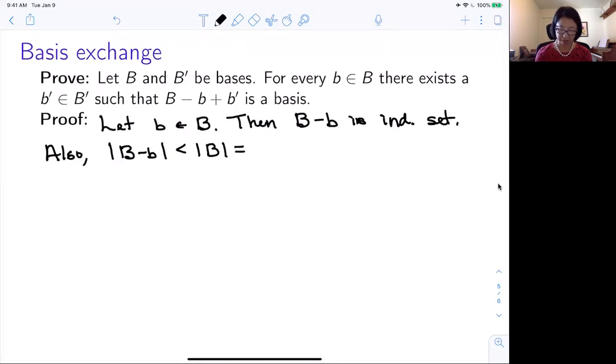So the cardinality of capital B is the same as the cardinality of B prime. Okay, so then I have this set B minus b that's an independent set that has smaller cardinality than the cardinality of B prime.